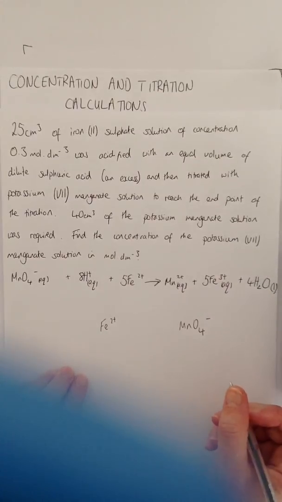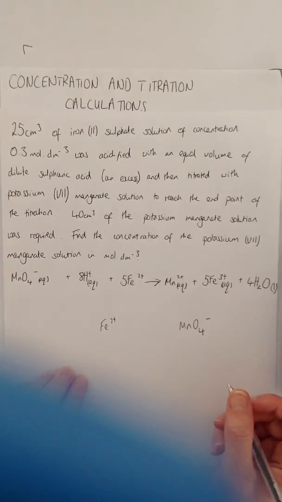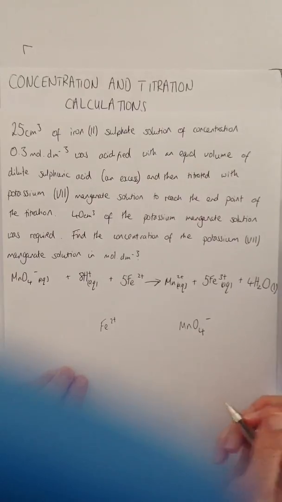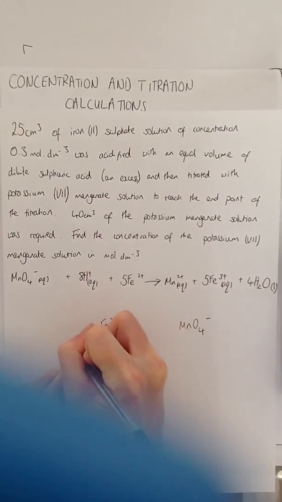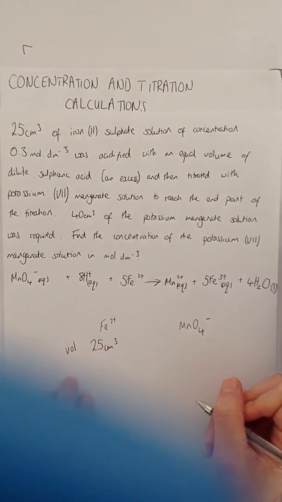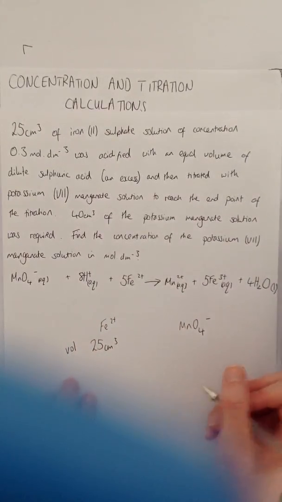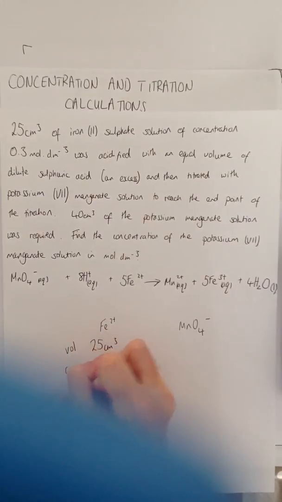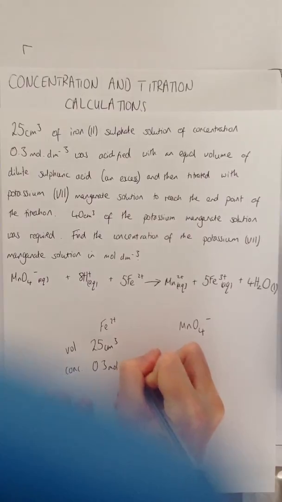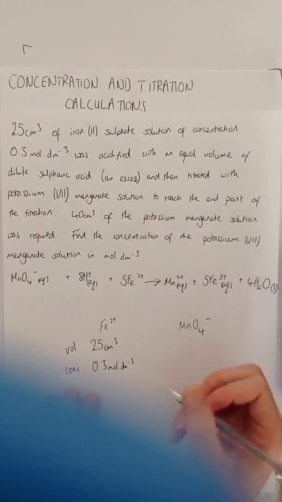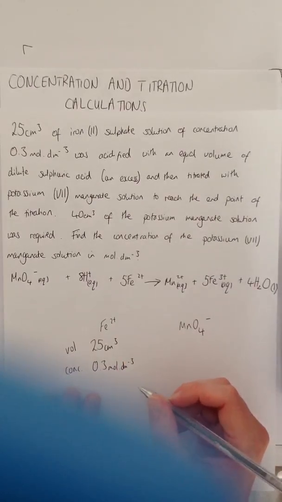So the first thing to do is look at the information we are given. We are told that 25 centimetre cubed of the iron 2 sulphate solution with a concentration of 0.3 mole per decimetre cubed was used.